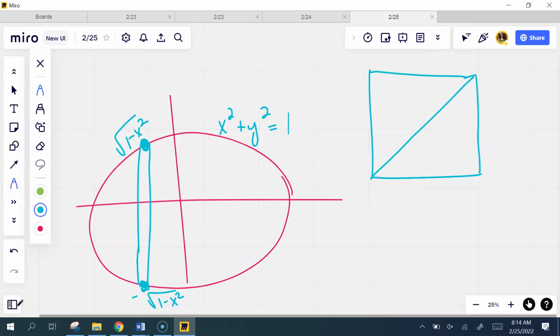It sits perpendicular to the x-axis. So if this is the x-axis, the diagonal sits perpendicular to it. It's not on the x-axis like this, it's on it like this. Does that make more sense?